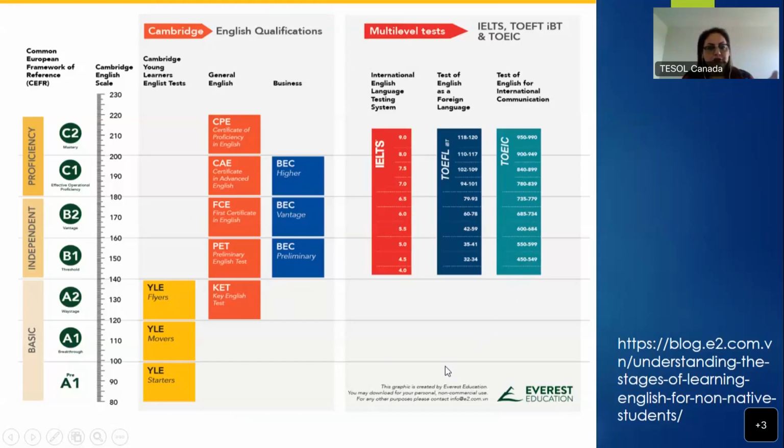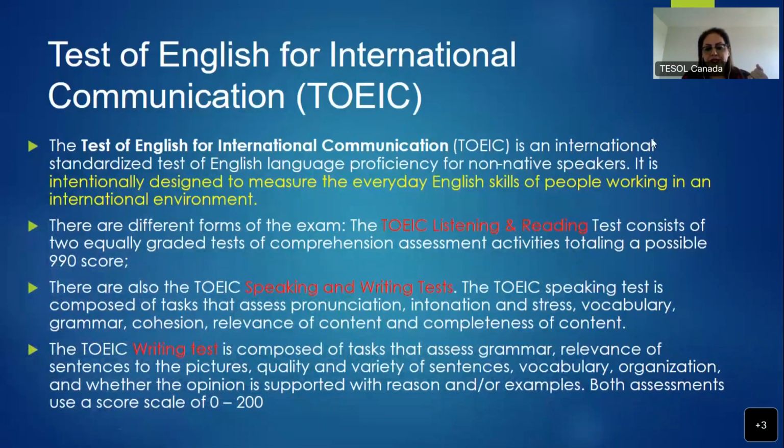All of them assess and evaluate your knowledge of the English language. So what is TOEIC? Test of English for International Communication.